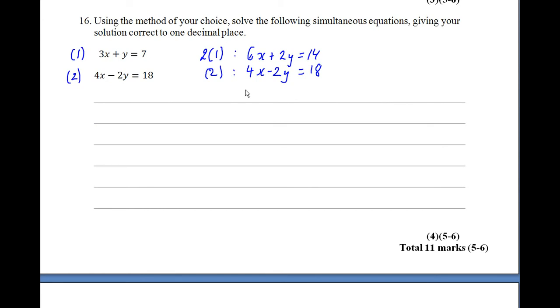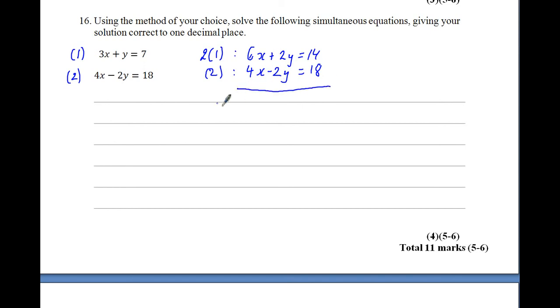And now on to question 16. I've labelled my two equations, equation 1 and equation 2. I see that I've got a plus y here and negative 2y. So if I double this equation, I end up having a 2y and a negative 2y, which is good because they have the same quantity of y's. So I can now add these two equations.